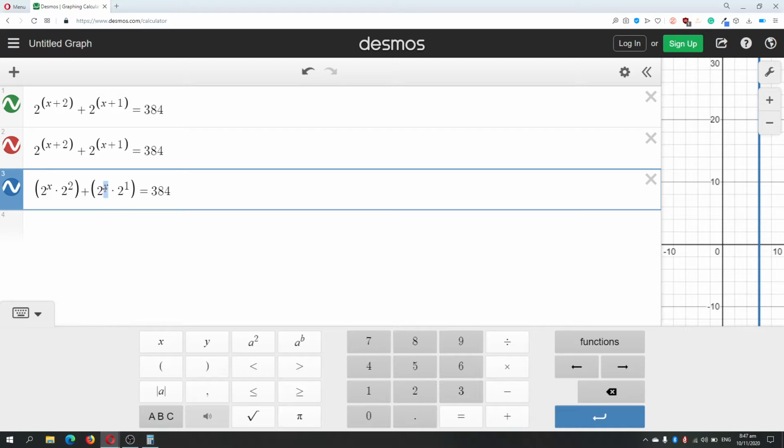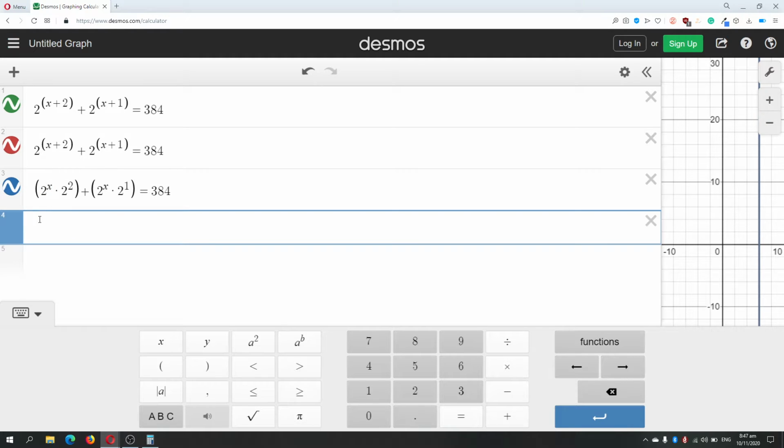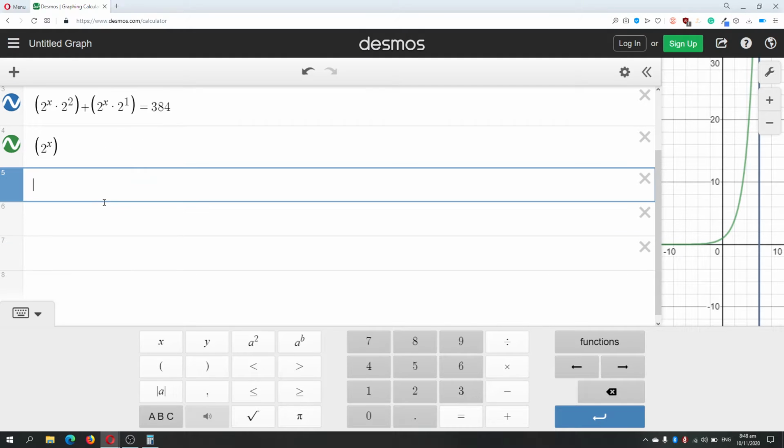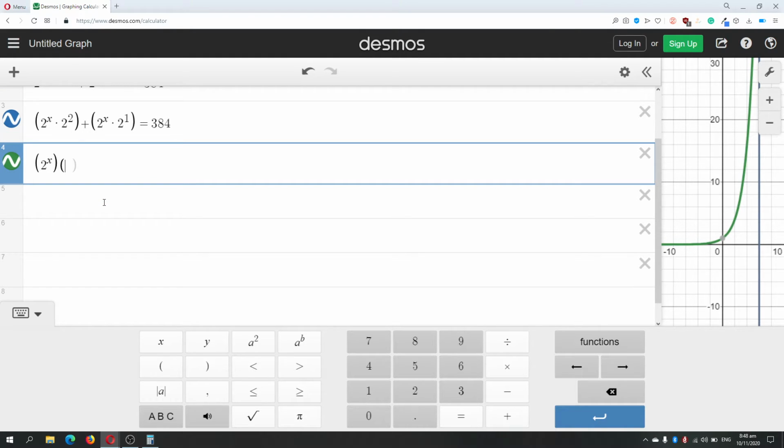So, common sa kanila is yung 2 raised to x, di ba? So, kukunin natin yung 2 raised to x. So, 2 raised to x na sa labas, tapos maiiwan yung 2 squared plus 2 is equal to 384.